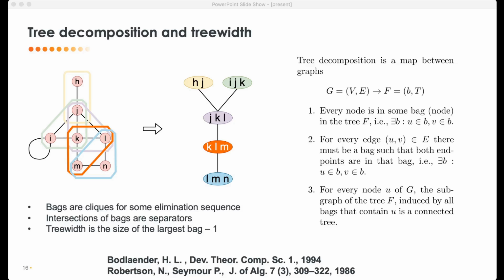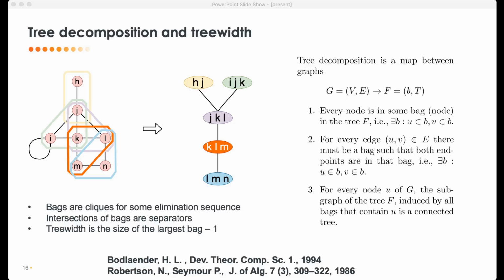And finally, each vertex of the initial graph induces a subtree in the tree graph. For example, on the image on the left, the vertex G induces a subtree in the tree graph.